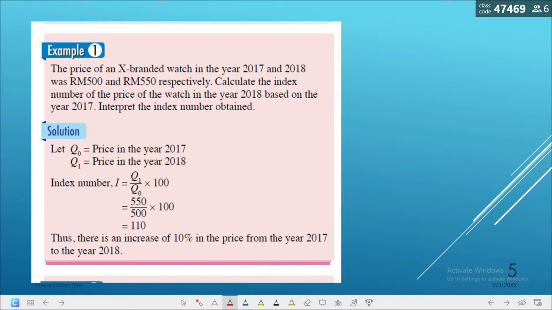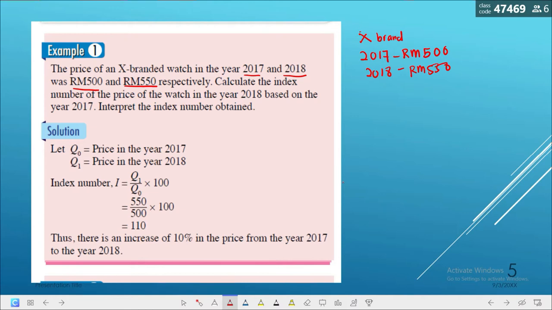Let's see example 1. The price of an X branded watch in the years 2017 and 2018 was RM 500 and RM 550 respectively. In 2017 it is RM 500, while in 2018 you can see the price increasing by RM 50.